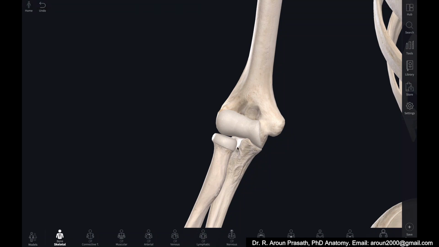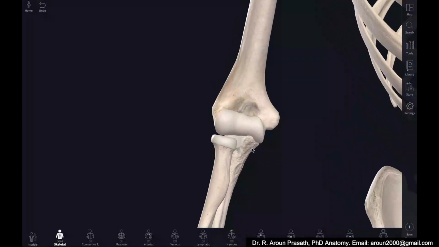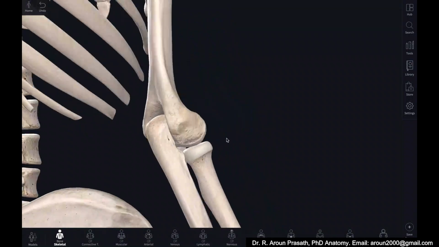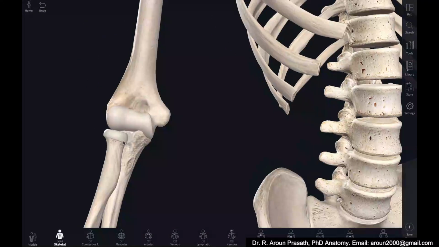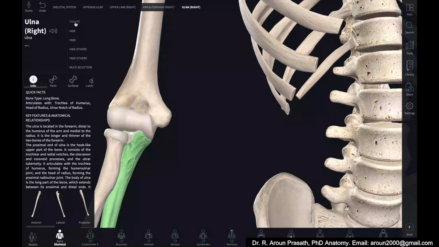Now you can see the medial epicondyle, lateral epicondyle, coronoid fossa, radial fossa, olecranon fossa, and this is the trochlea and this is the capitulum.